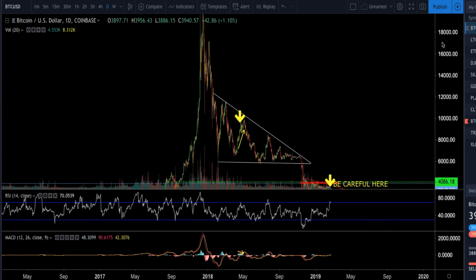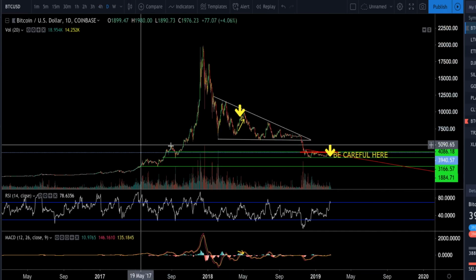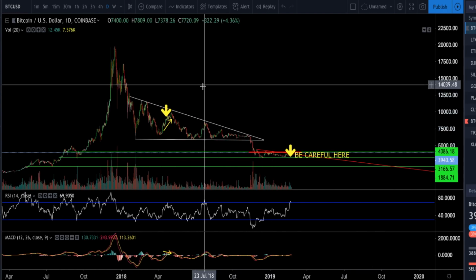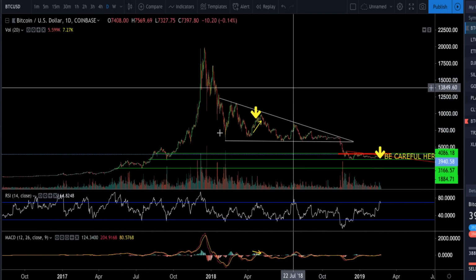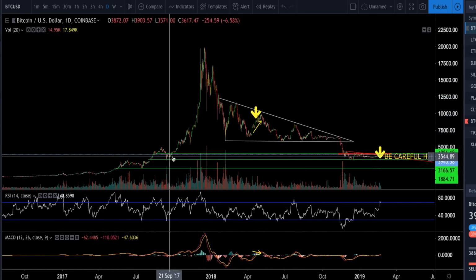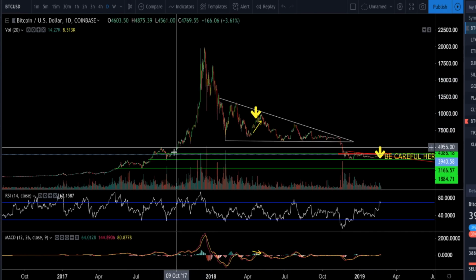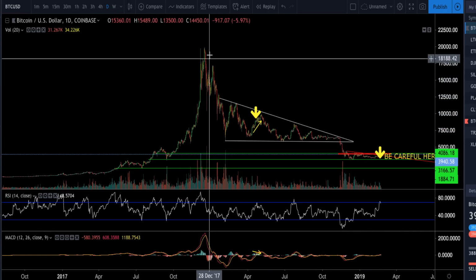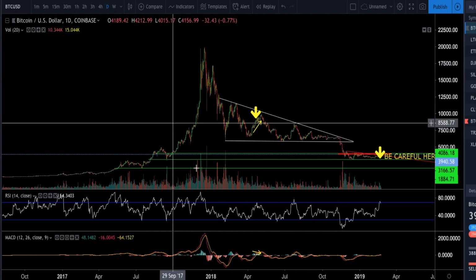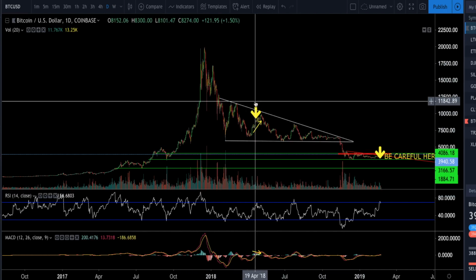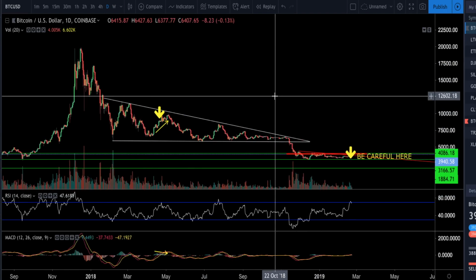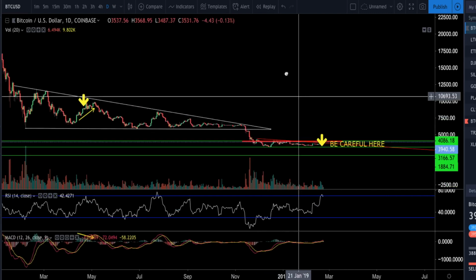This is the big trend here. I'm on the daily chart, which means daily candles, and I'm looking all the way from October of 2017 to today. So I'm looking at way over a year's worth of data here. You never want to lose sight of what's going on, okay?